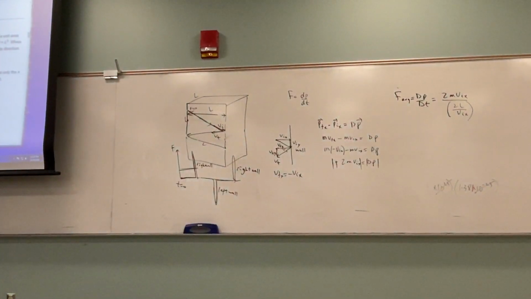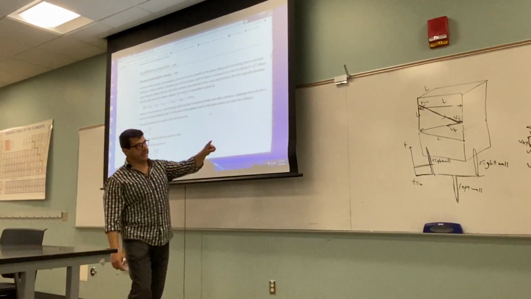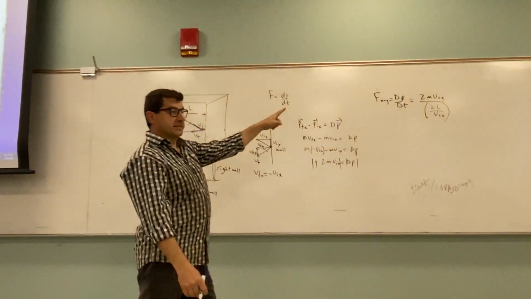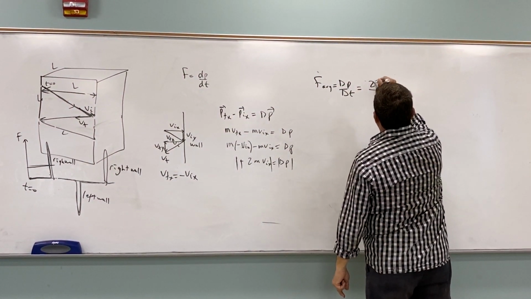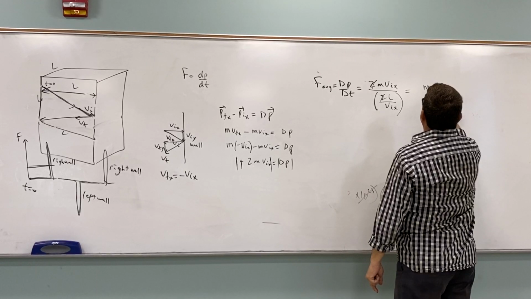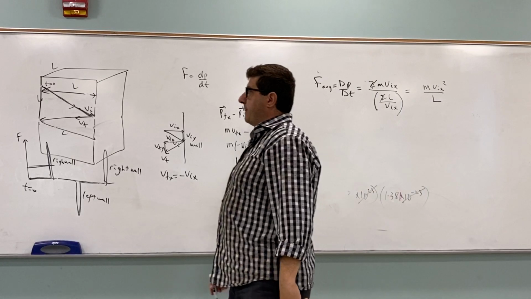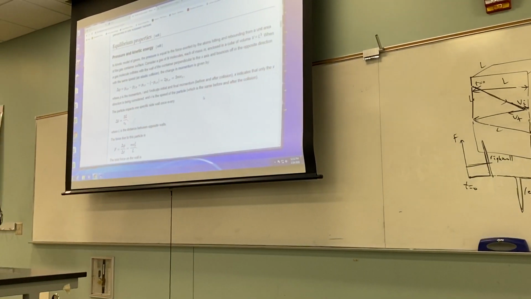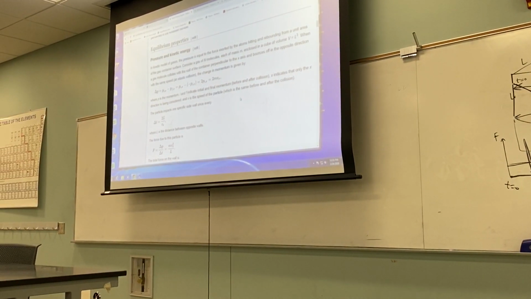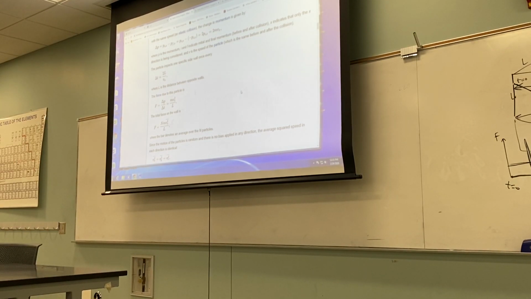So you see, average force is going to be delta P over delta T. So then the 2's cancel, because the change of momentum was 2mvx, and then this is 2L, this cancels, you get m v initial x squared over L. Okay, so then what's the next thing they're going to argue?